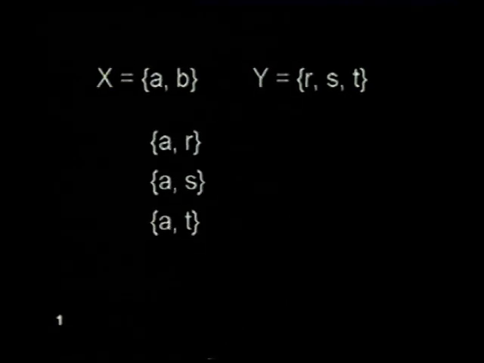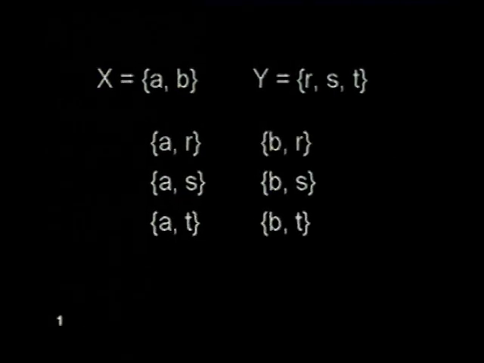When A is used as the first member of the ordered pairs, R, S, and T can be used as the second members. This creates three different ordered pairs. Next, we use B as the first member of the ordered pairs. Once again, R, S, and T are used as the second members of the ordered pairs.